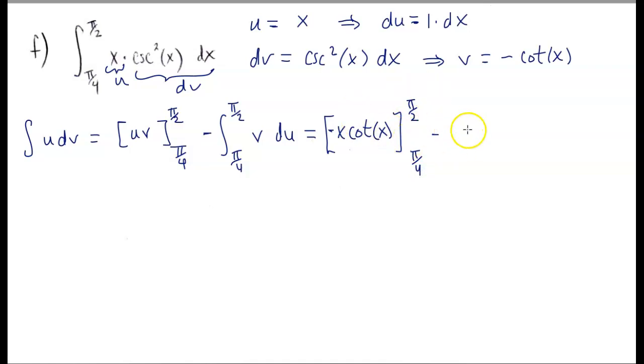And then minus the integral from pi over 4 to pi over 2, and then v is going to be minus cotangent x, and then du is just going to be dx.